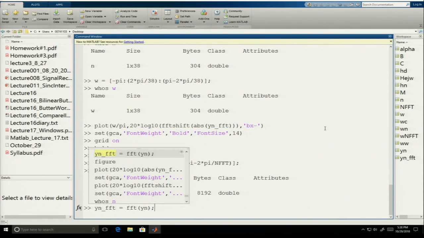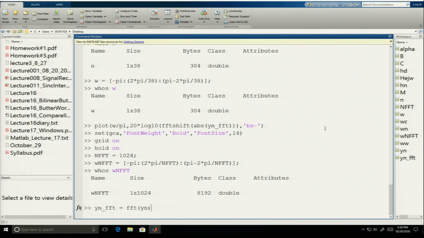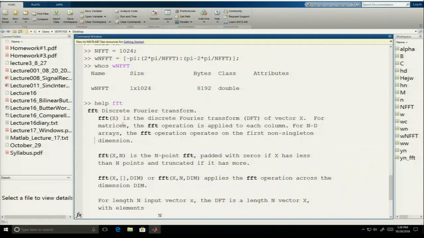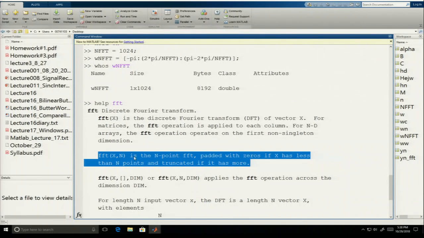Now, if we look at help on this FFT, it tells you the discrete Fourier transform of vector x, and some other things, and then it comes down here and says N is the N-point FFT, padded with zeros if it has less than N points and truncated if it has more.